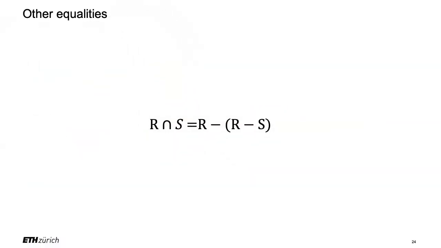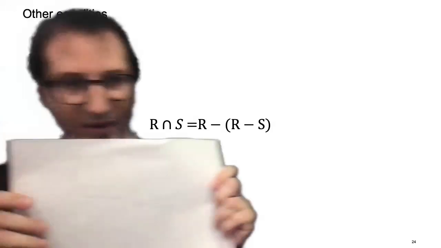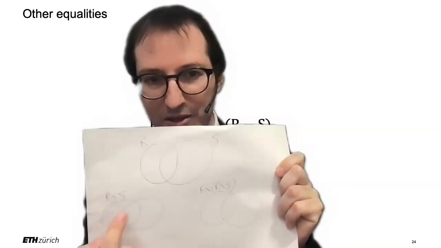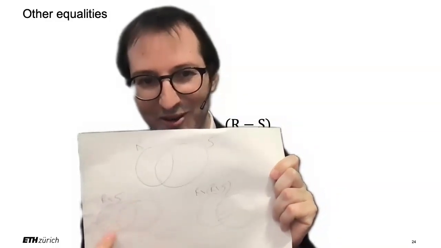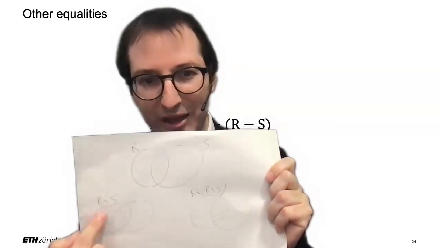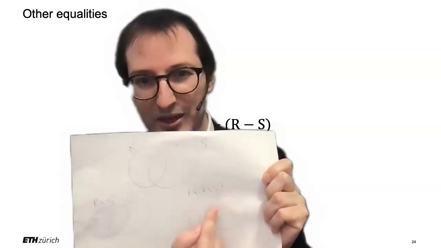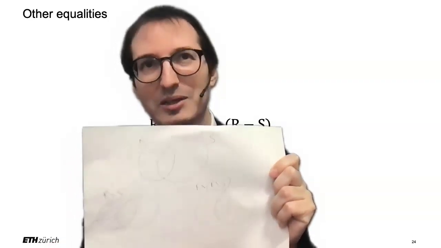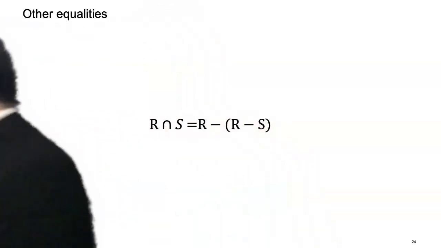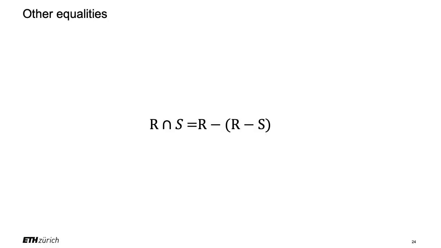And so now, if I take R minus this, then R is basically the circle that you have here, right? It's very strange to do it in this mirrored way, but this is R. And if you remove that part, then what you get is the part here. So basically R minus S gives you exactly the intersection, right? Do you see it now? So this is another example of a theorem that you can basically have.